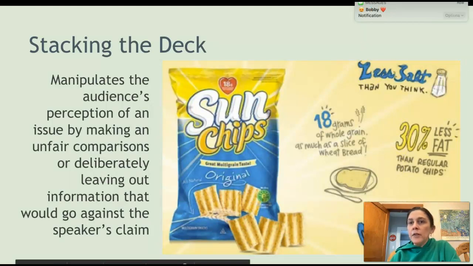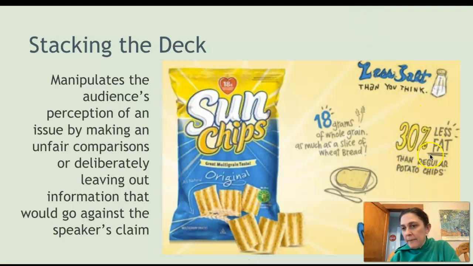We know that there's still fat in them. It's just 30% less fat than regular potato chips. We know there's still salt in them, high sodium. It's just less sodium than you're going to get from other potato chips. At the end of the day, they've only told you all of the things about these Sun Chips that are good. They haven't told you anything about why they're not good for your body. They are junk food.